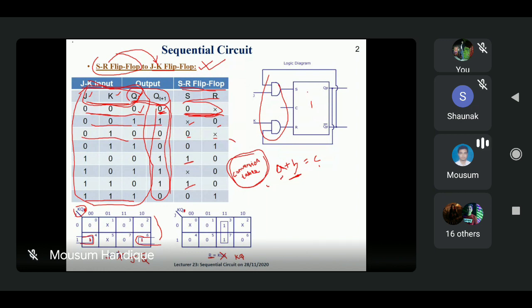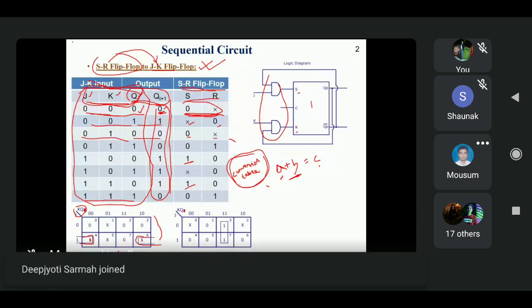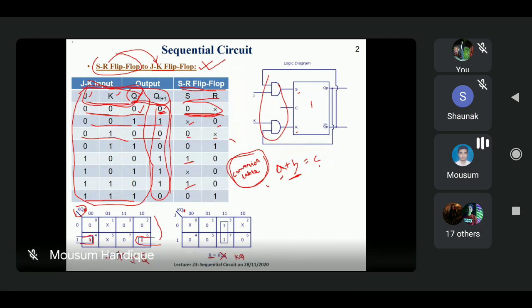You know the logic diagram of the SR flip-flop: one input is S and one is R. Here S is connected to J and Q bar.